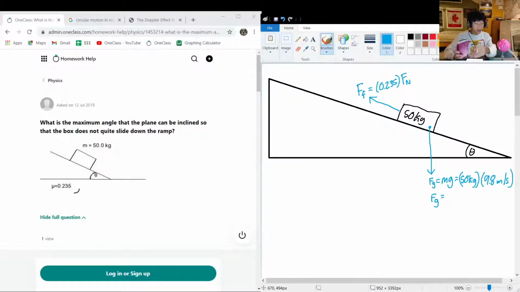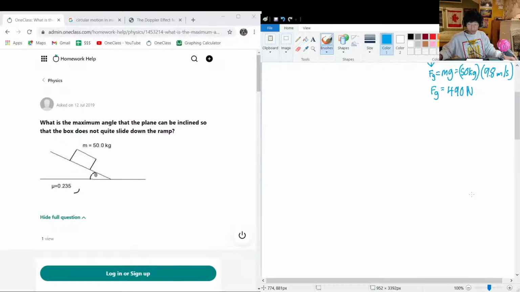It's never going to weigh less. No balloons attached to it, or anything like that. It's going to have a constant weight. So we got 50 times 9.8, we get 490. 490 newtons. Cool.